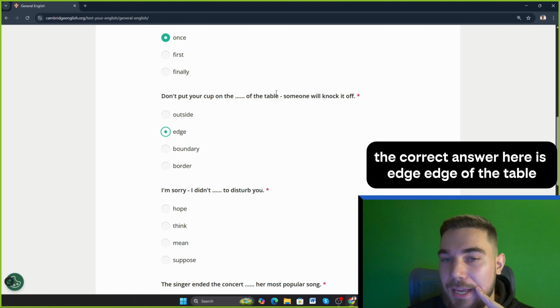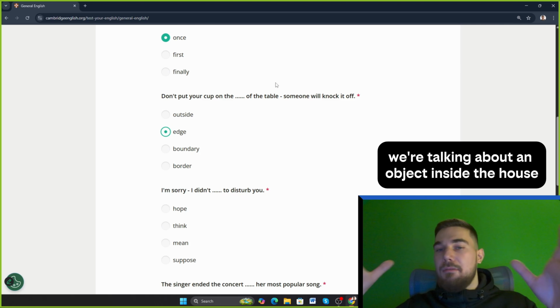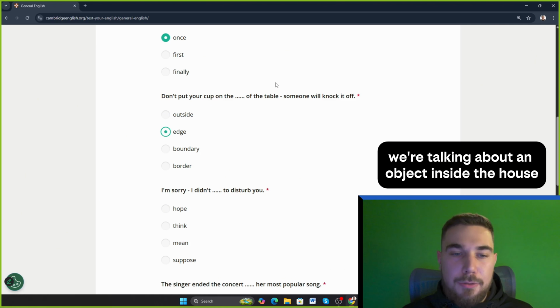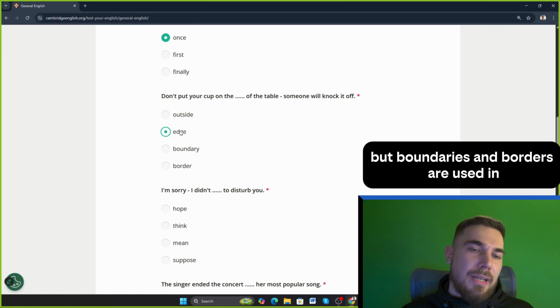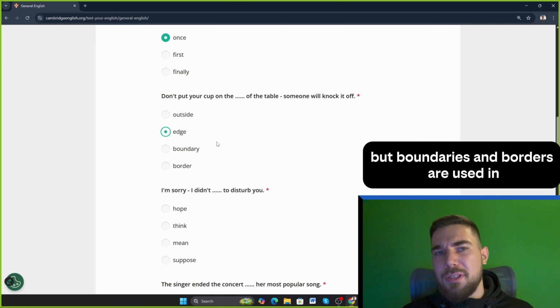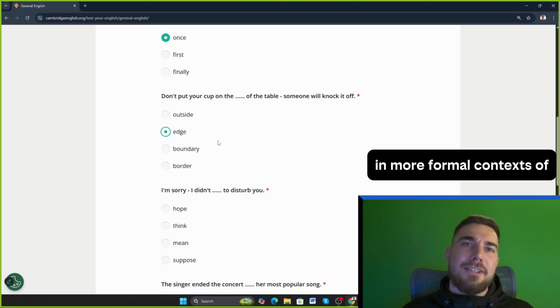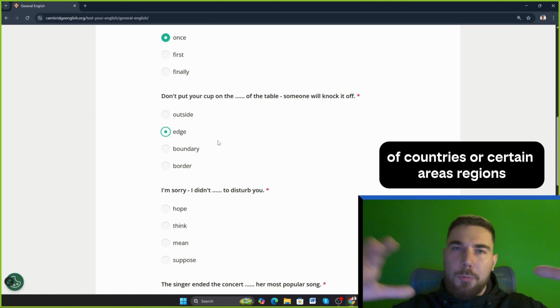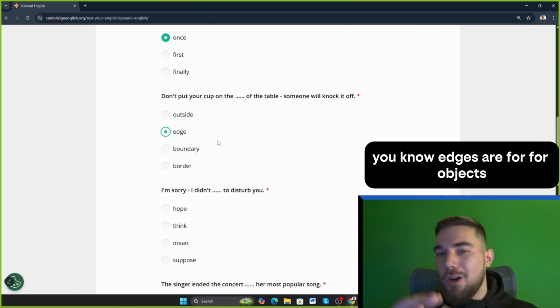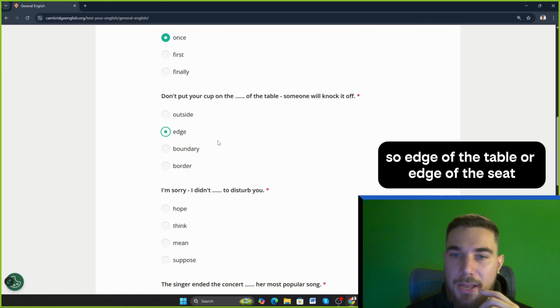Edge of the table. We're talking about an object inside the house. Boundaries and borders are similar to edges, but boundaries and borders are used in more formal contexts of countries or certain areas, regions. Edges are for objects. So edge of the table or edge of the seat.